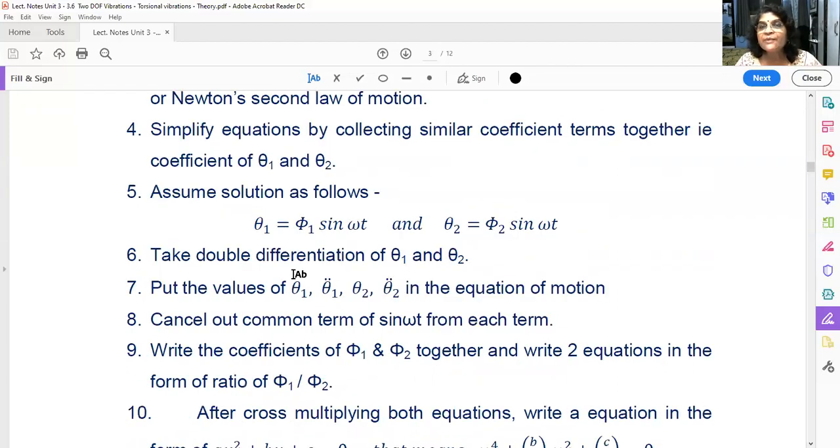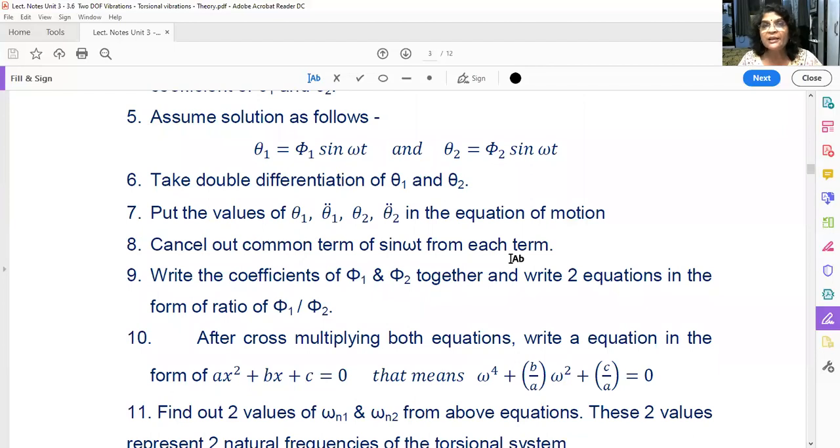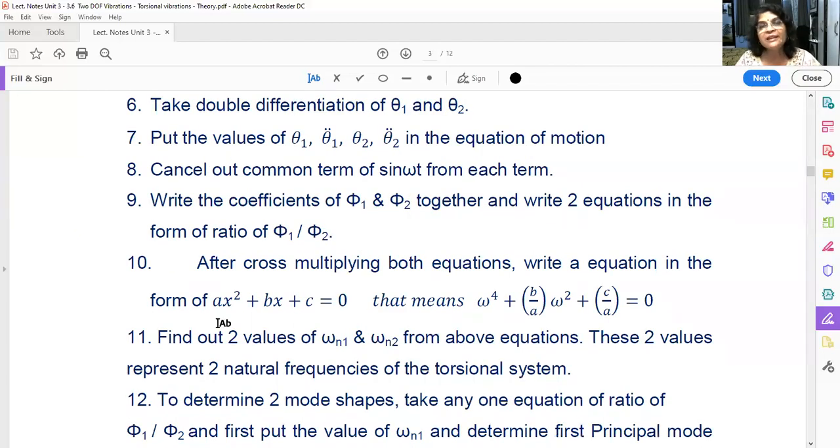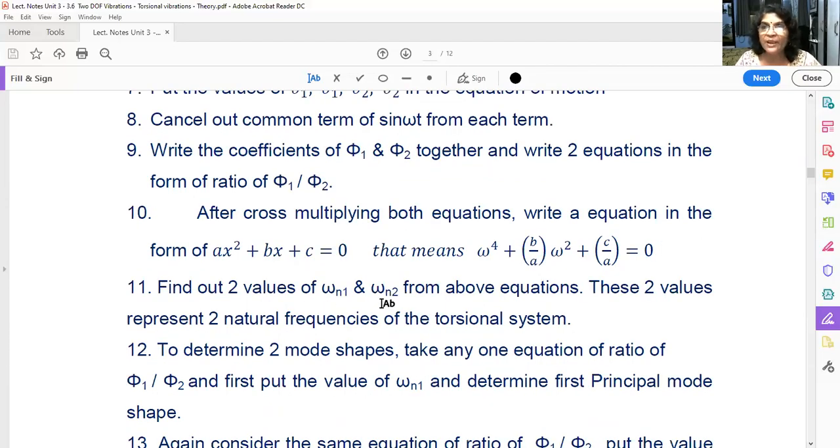Next step is to take double differentiation of theta 1 and theta 2. Then put the values of theta 1, theta 1 double dot, theta 2 double dot in the equation of motion. Then cancel out the common term sin omega t. Then write down the coefficients of phi 1 together, then phi 2 together, and write 2 equations in the form of ratio phi 1 upon phi 2. After cross multiplying, we will get the equation in the form a x square plus b x plus c equal to 0, from which we get 2 natural frequencies, omega n1 and omega n2.